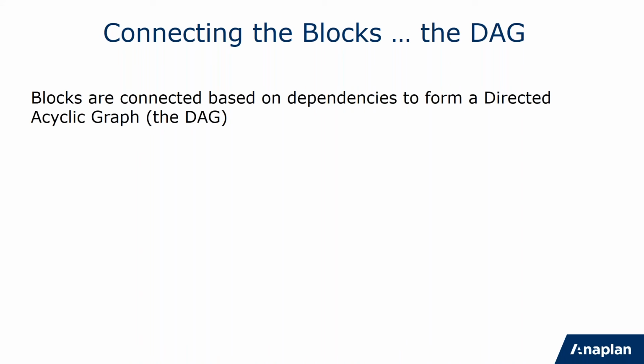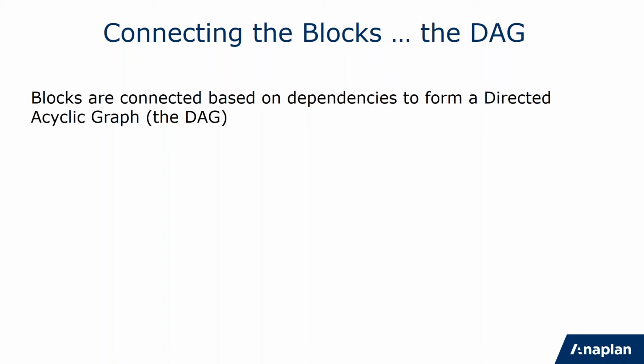So we take these dependencies and we form them into what we call a directed acyclic graph, which will be familiar to anyone who's done computer science. But if you're like me, don't worry about the term.